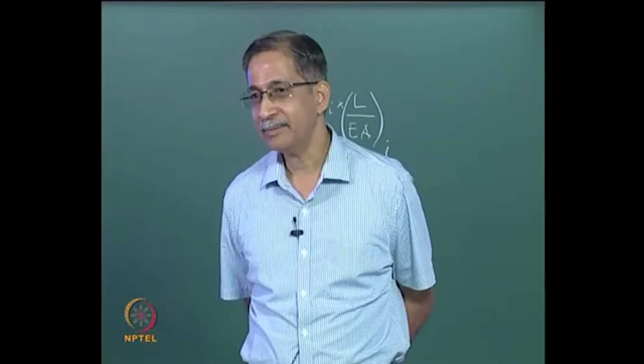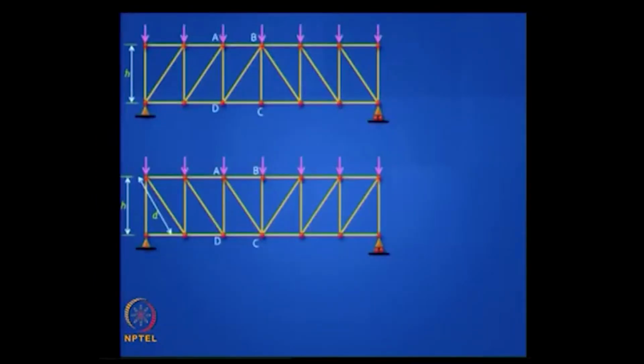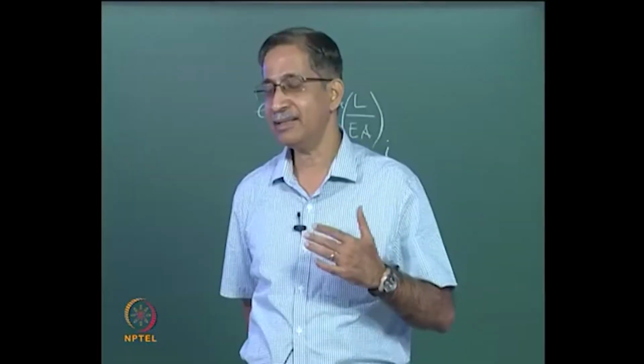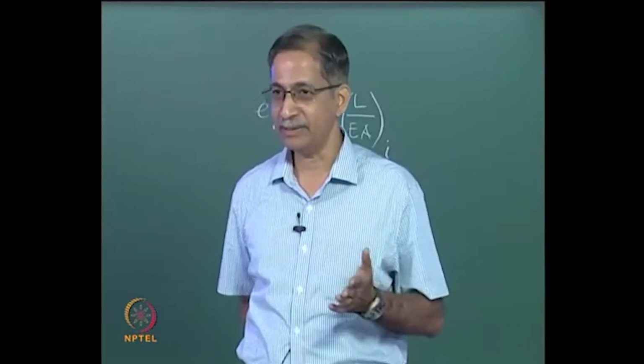When you cut the beam at any place, the reaction at the left side support is upward, so the shear acting where you cut will be downward. So the member there, as it is aligned downward, will be having a tension. So in the second truss, the diagonal members will be in tension, and in the first truss, the diagonal members will be in compression.